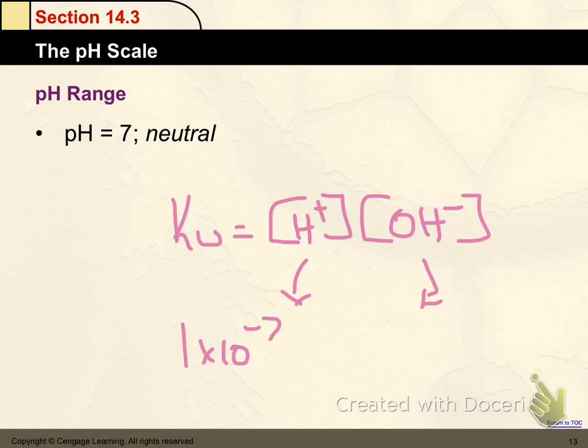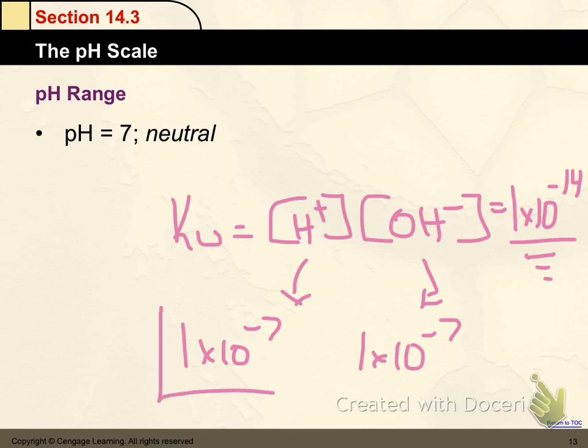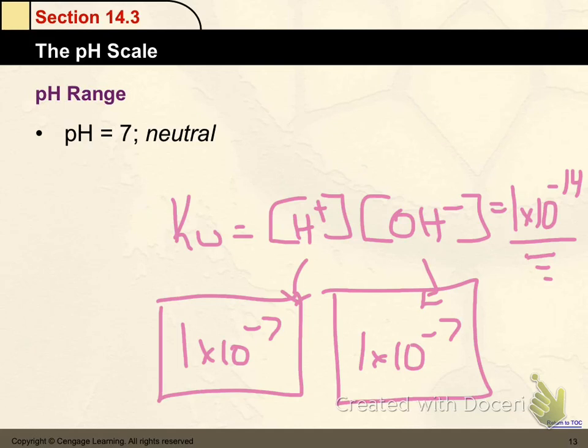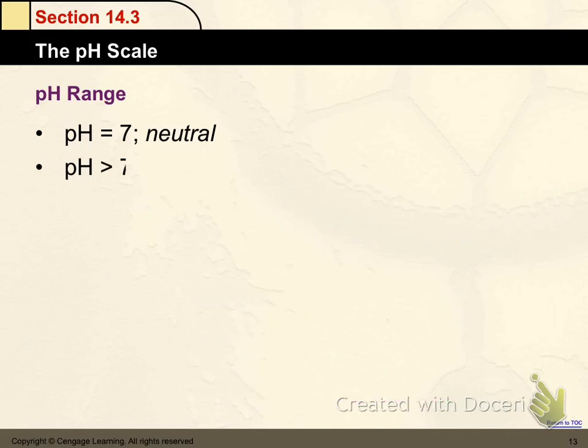The reason these numbers are each 1 times 10 to the negative 7th is that they have to multiply to 1 times 10 to the negative 14th at 25 degrees Celsius, right? So for a solution to be neutral, the hydrogen ion concentration must be 1 times 10 to the negative 7th, because that's the only number that will allow the hydroxide ion concentration to be equal. So that is where the 7 comes from for neutral pH.